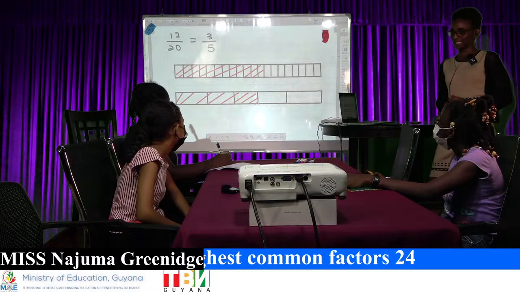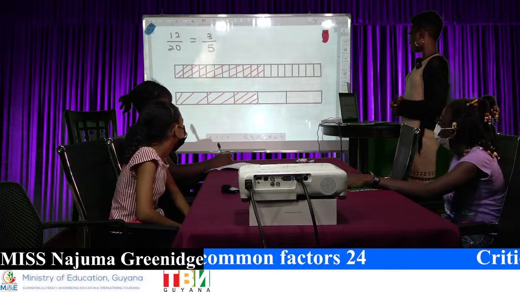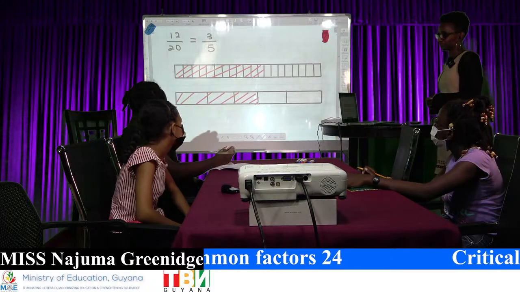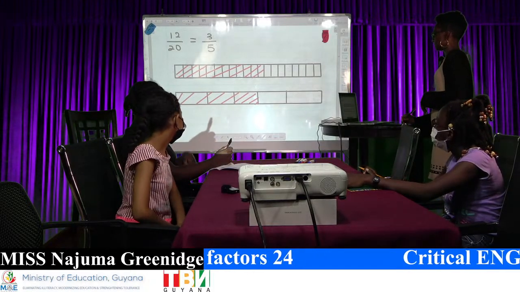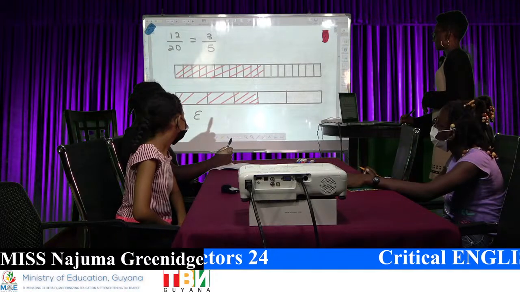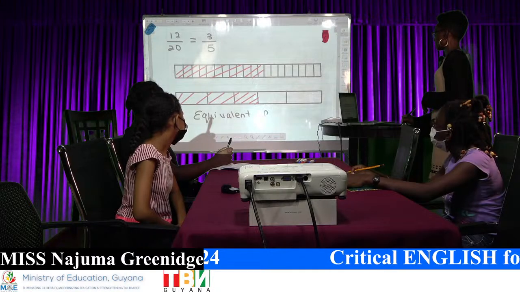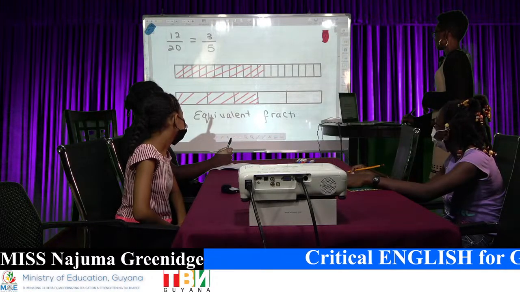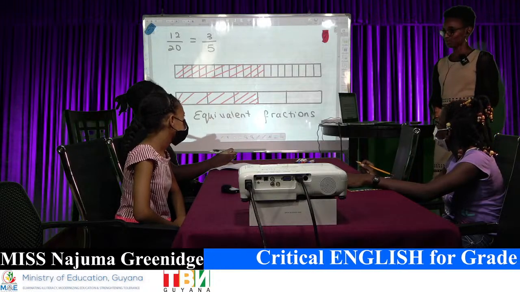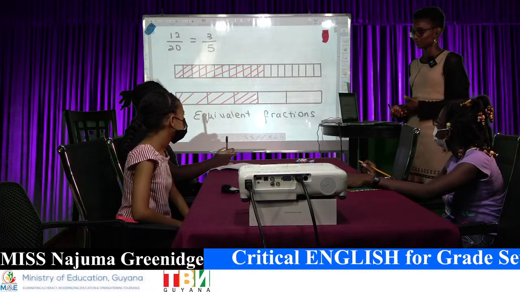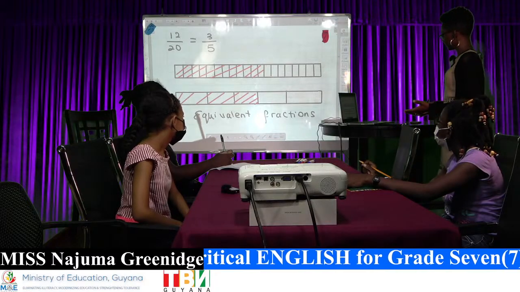But you see, it's almost kind of similar, right? So 12 parts out of 20 is equivalent to 3 parts out of 5. So this is what we call equivalent fractions. Right? So you see, we're dealing with factors and we end up in the fraction zone, right? Because they're kind of related. All right?